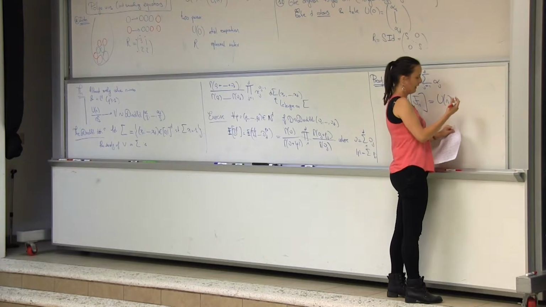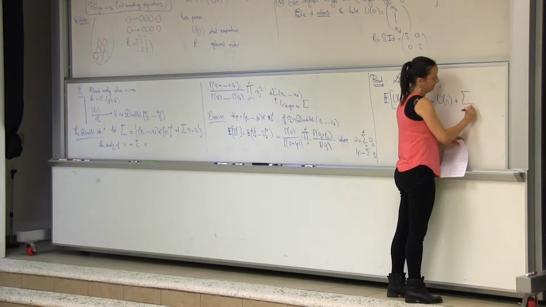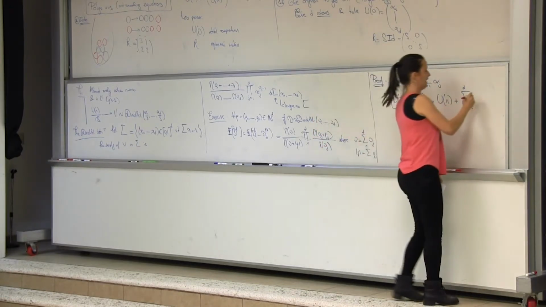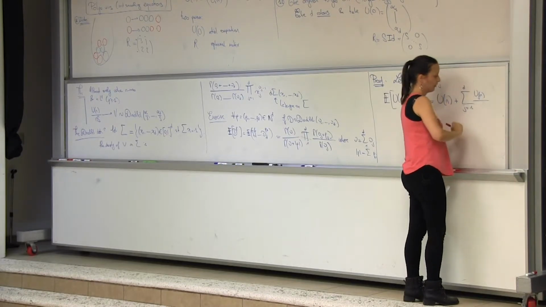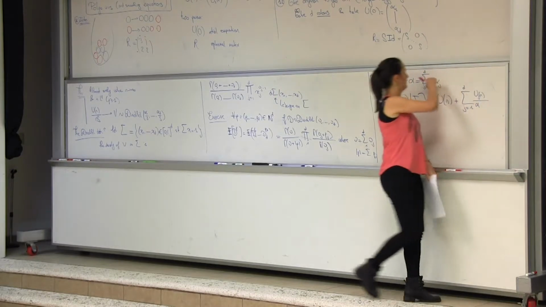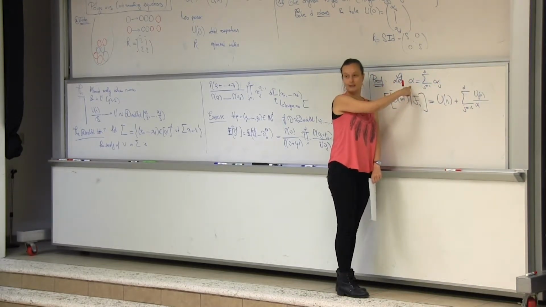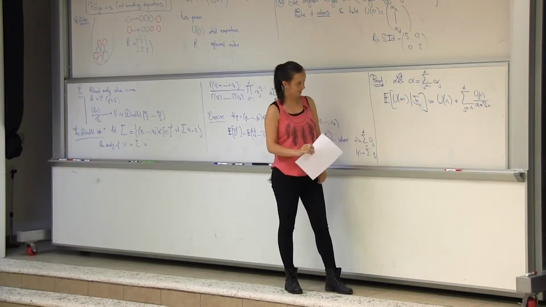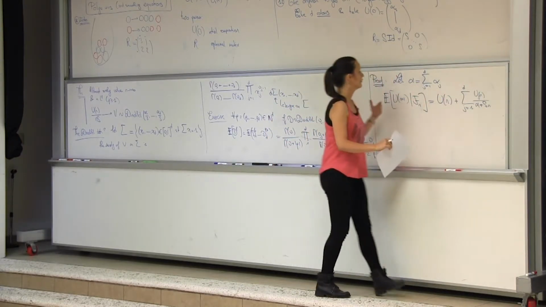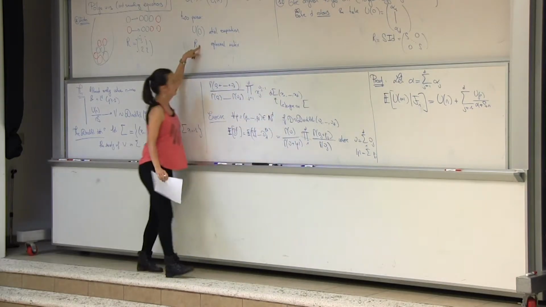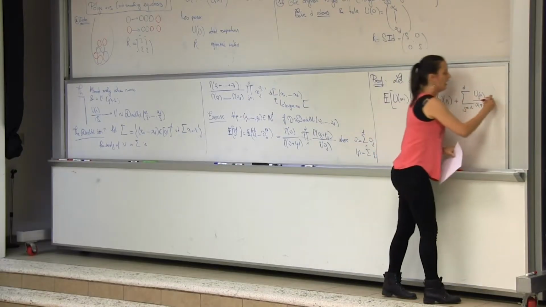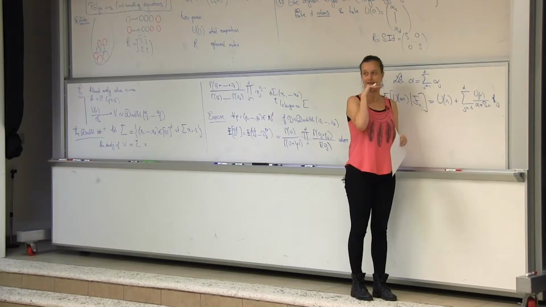For each color, with probability the proportion of balls of this color, which is U_j(n) over the total number of balls. The total number is the number I had at the beginning plus s times n, because at every time step I add s balls. With this probability, I've used the jth line of the replacement matrix, which means I've added R_j into my urn. R_j is the jth line, but now I put it vertically.